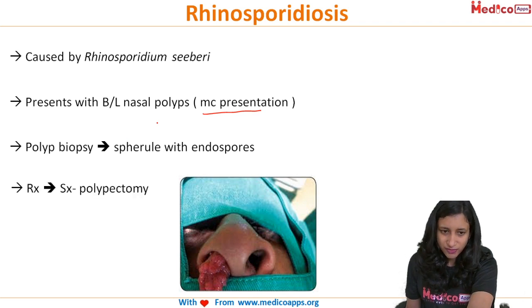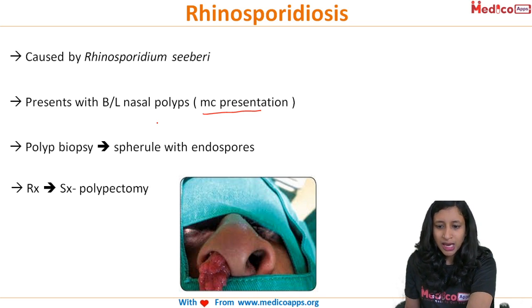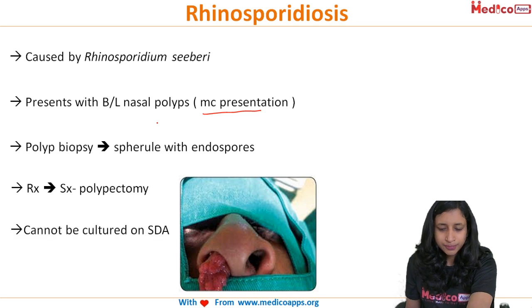And the treatment is polypectomy. So most of the times these people are referred to the ENT department, and they do come with a complaint of bilateral polyps. And it is common in areas where people tend to bathe in stagnant water, and it's common in tropical countries like India and also in Sri Lanka.